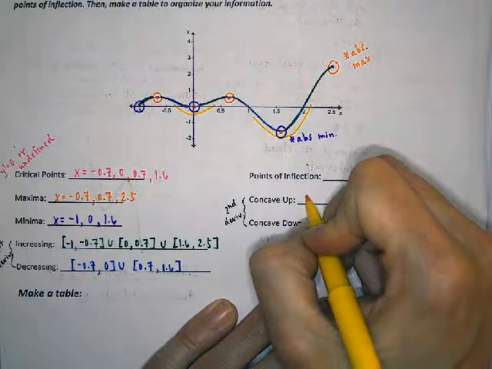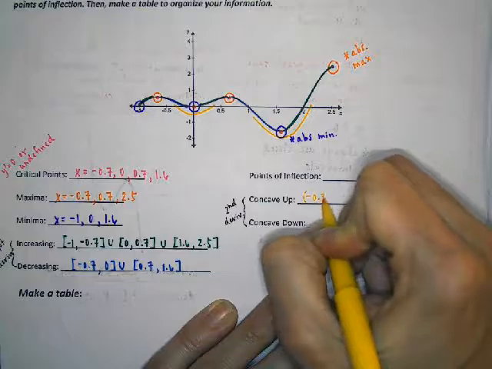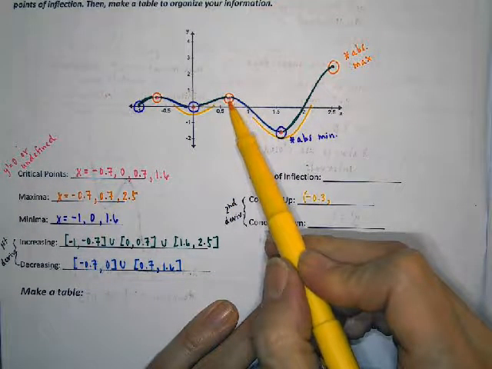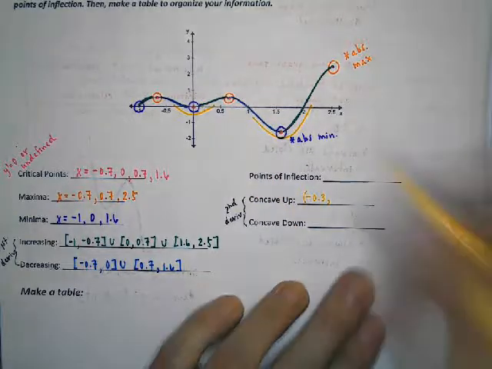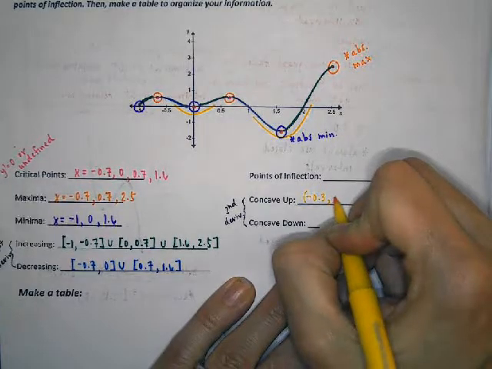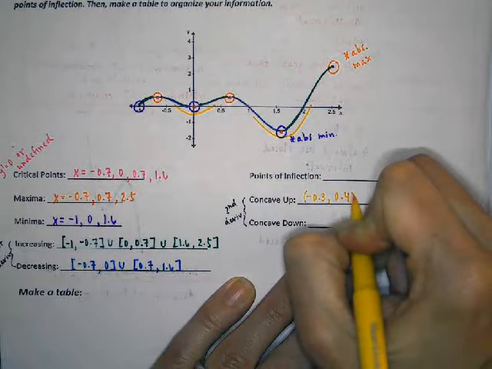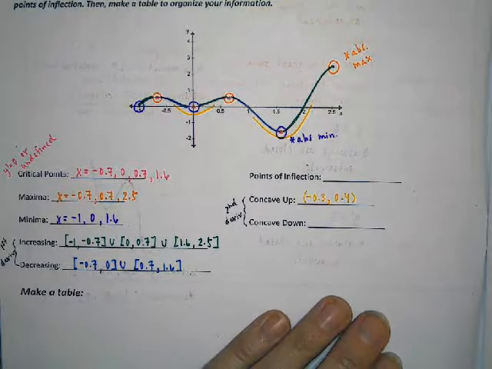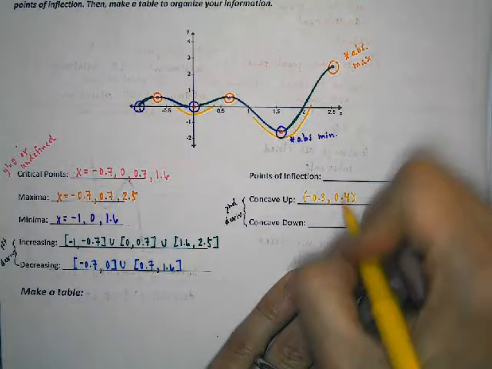So I'm concave up from negative 0.3 to here we have a change between 0 and 0.7. So again, I'll say about, we'll call that 0.4. Whether you call it 0.3 or 0.4 isn't as important as long as you recognize where that behavior occurs.